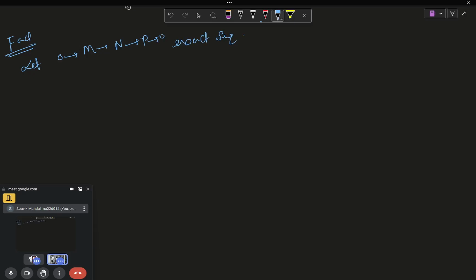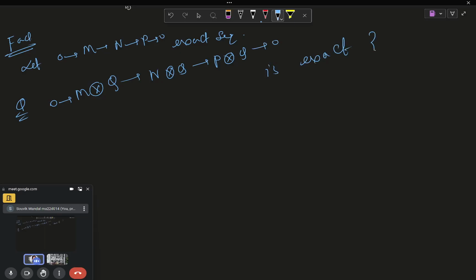Now the question is, suppose we have a given exact sequence, then after tensoring with some given module, will the whole sequence be exact or not? This is one thing we need to understand.